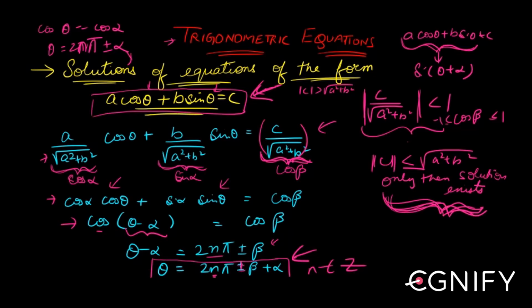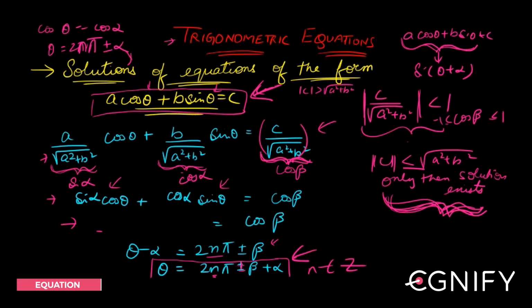There's one more thing that you could do. If you assume this as sin alpha and if you assume this as cos alpha, even then it wouldn't have made a difference. So this would be sin alpha now, right? And this would be your cos alpha. So this is of the form sin a cos b plus cos a sin b, which is sin a plus b now.